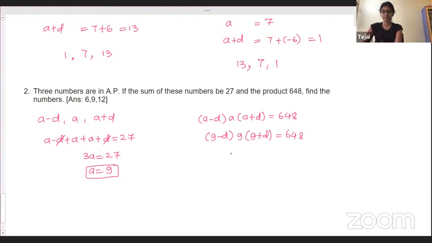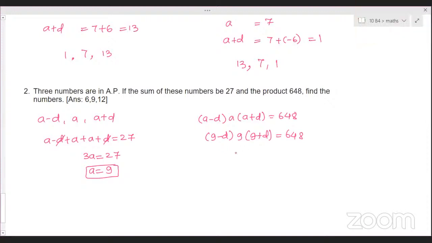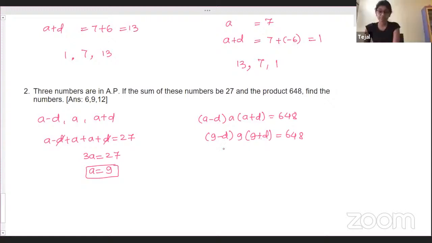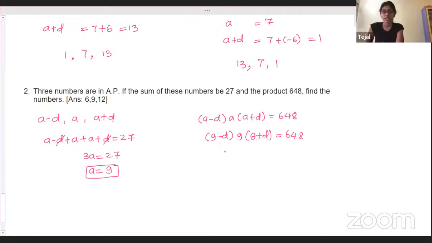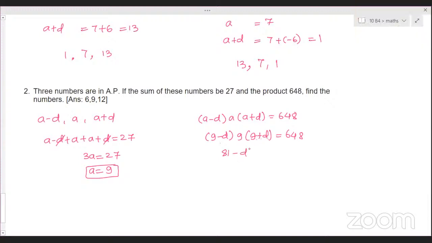This I can solve. 9 minus d into 9 plus d will be? A minus b into a plus b is equal to a square minus b square, so 9 square, 81 minus d square.